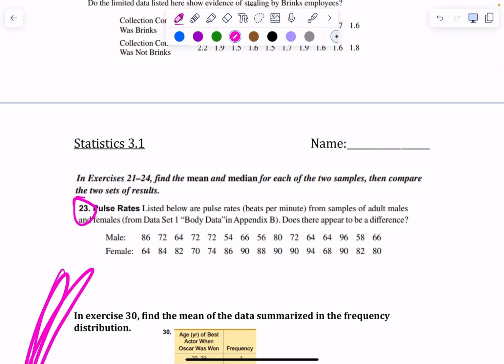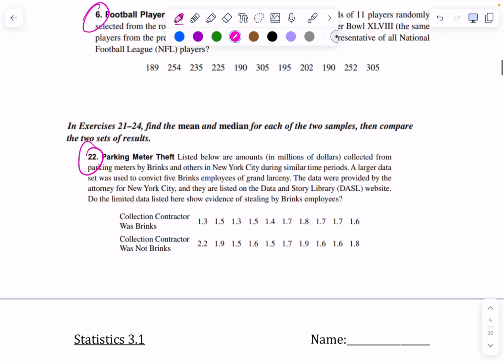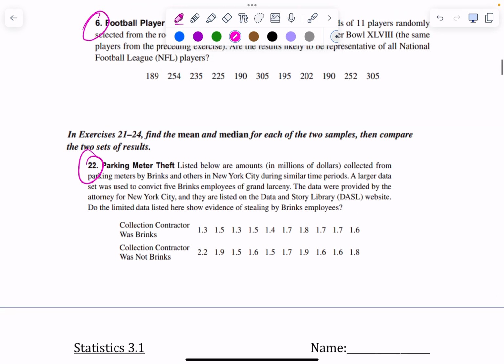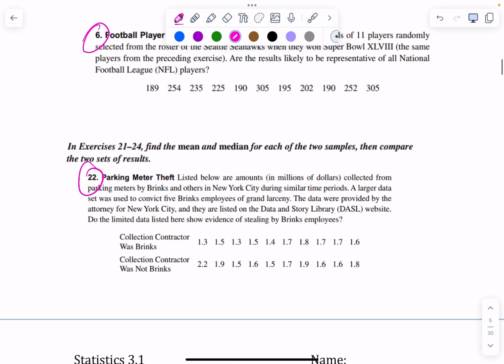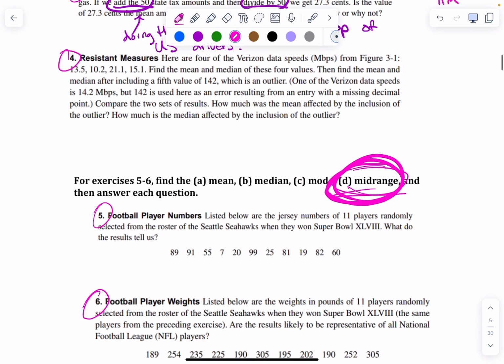It does take a bit of time. Mean and median. But now you can also add mid-range to that. If you have already done 5 and 6, make sure you add mid-range to that. You said it doesn't make any sense to find it for jersey numbers.